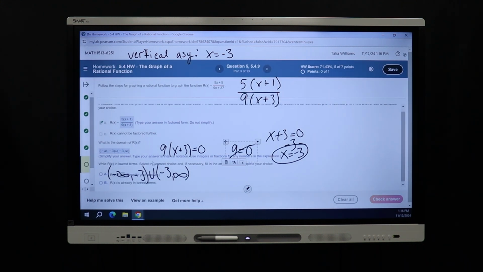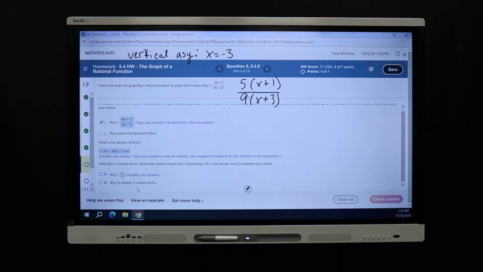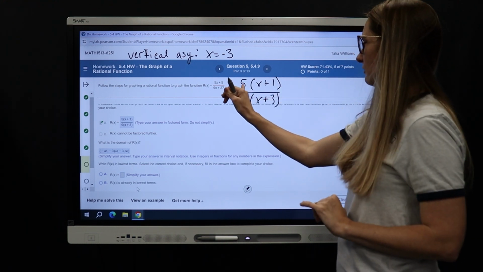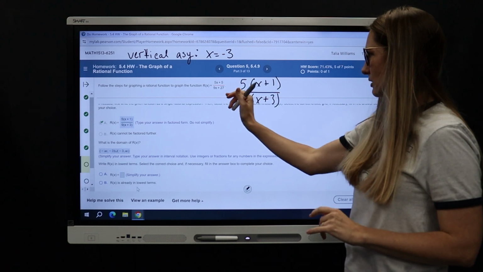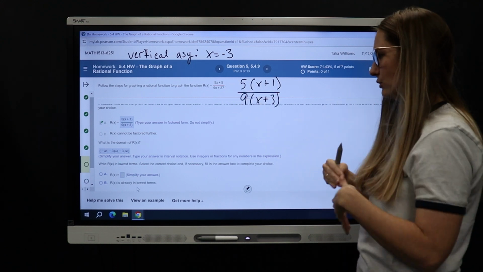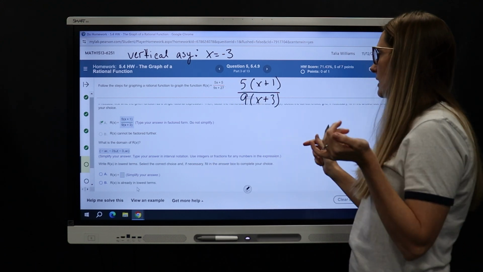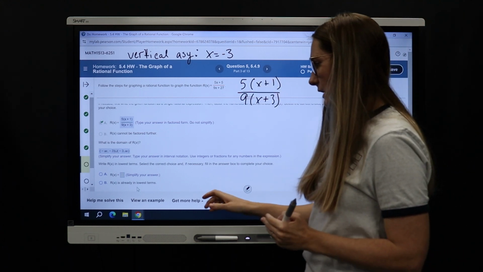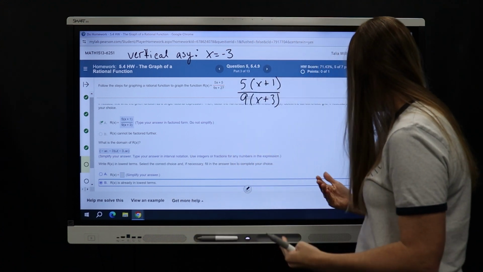Okay. And then I already wrote that vertical asymptote up there that we just found. This is in lowest terms though, because even though we factored it, if this would have been 3, we could reduce this 3 and 9, and that would simplify. Nothing does though, because 5 and 9 don't. X plus 1 and x plus 3, I can't make those reduce more.